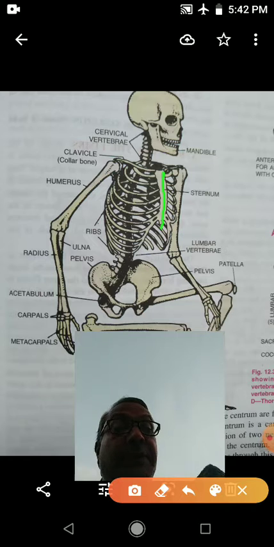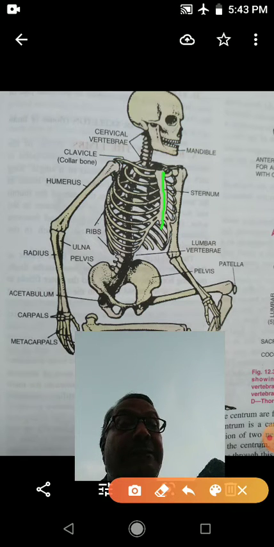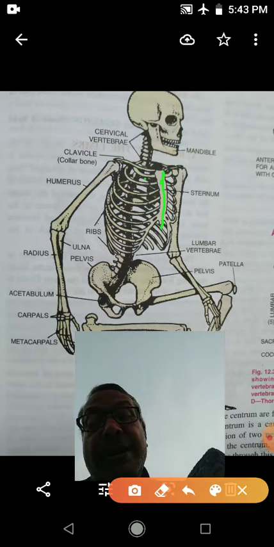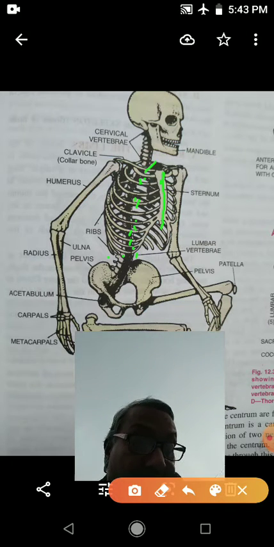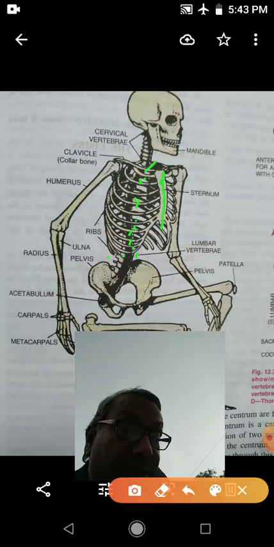It is the long flat bone which lies in the middle of the front part of the chest, and there are 12 pairs of ribs. So you can count here 1, 2, 3, 4, 5, 6, 7, 8, 9, 10, 11, 12. 12 pairs of ribs are present.